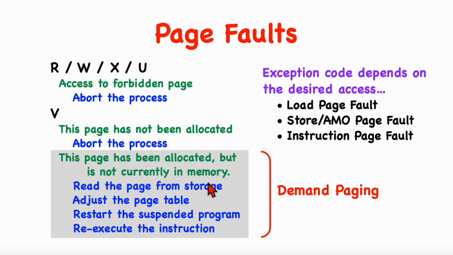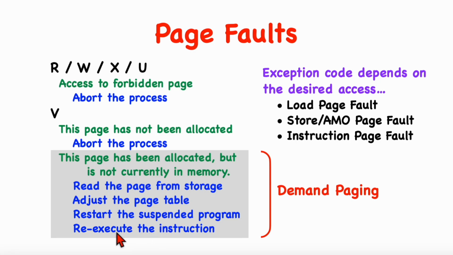So, the kernel will read the page from secondary storage back into memory, and then it will adjust the page table to point to the newly allocated physical page. And then it will change its valid bit to 1 and will restart the program. And the instruction that caused the page fault originally would be retried.